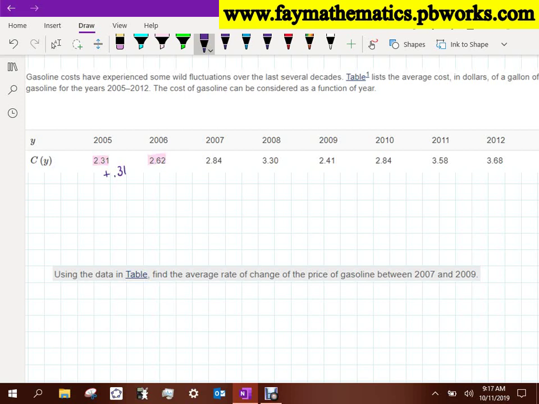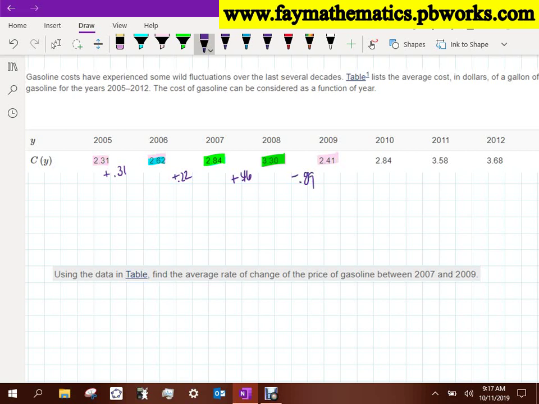If I look at the next two, what's that give me? 22 cents. When I look at that one and that one, that's positive 46. When I look at this one and this one, now it's negative. What's that? 30, and then 59, so 89 cents.